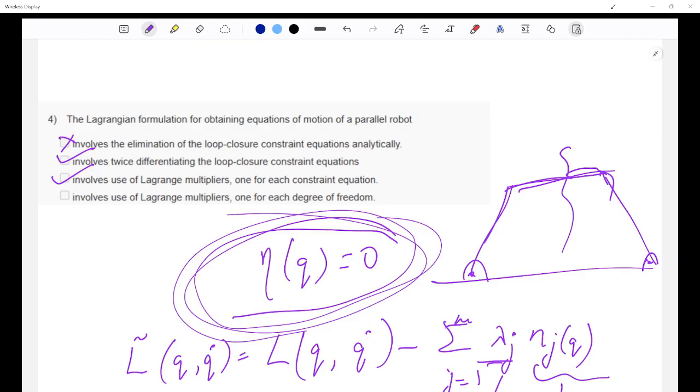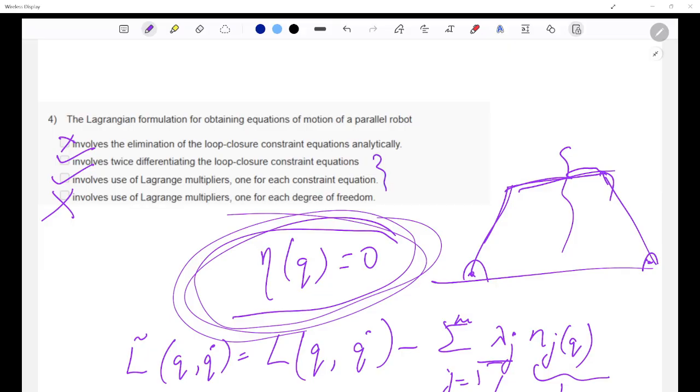Multipliers correspond to constraints and not degrees of freedom. For example, a mechanism may have 6 variables and 3 constraints, so the degree of freedom is 3 and multipliers are 3, but this is not generally equal to the degree of freedom. Thus, this option is incorrect. So the correct options are these two.